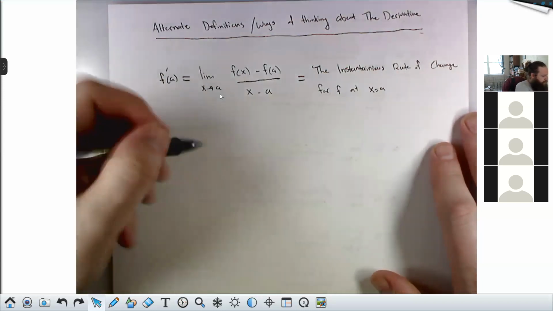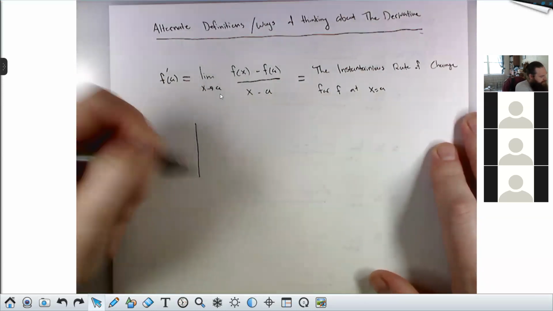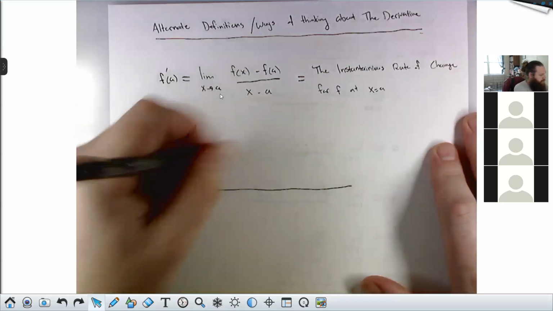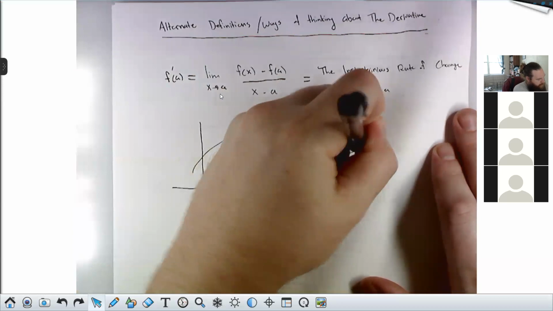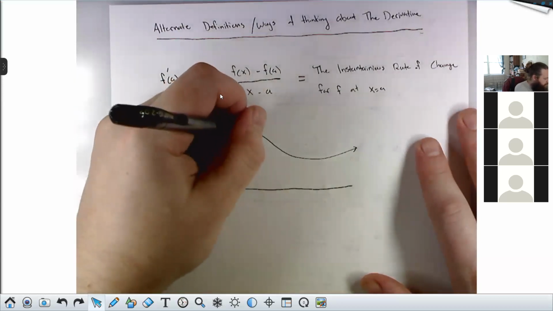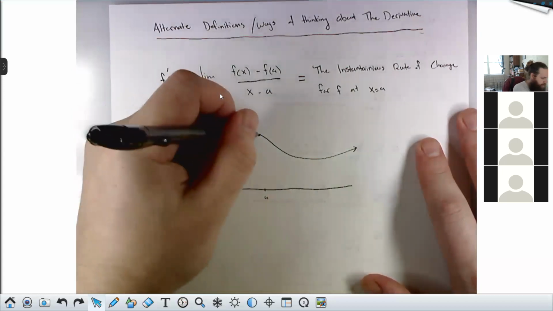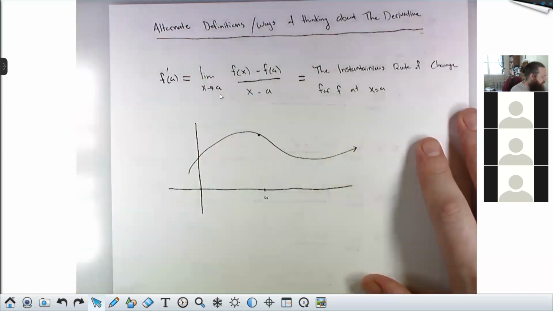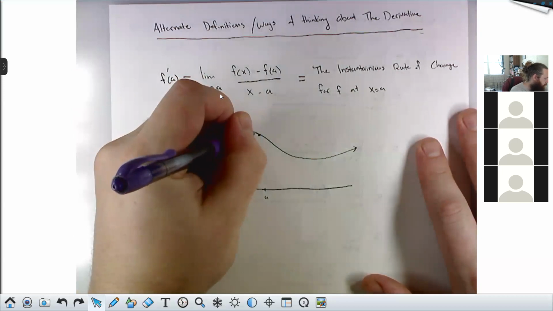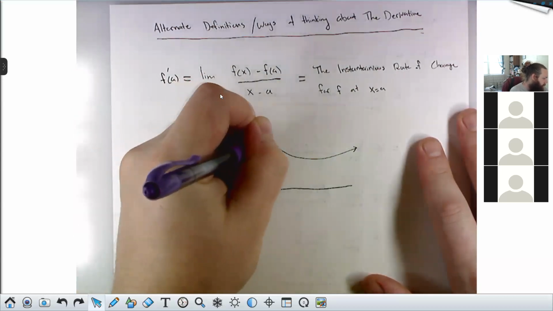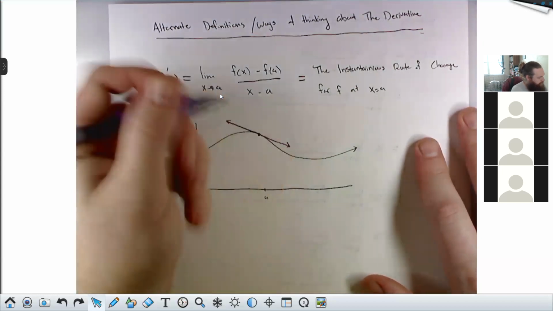And then finally, another way of thinking of the tangent line, you can kind of think of the tangent line at any point as being the best linear function to approximate f. And this is something that's going to come back.